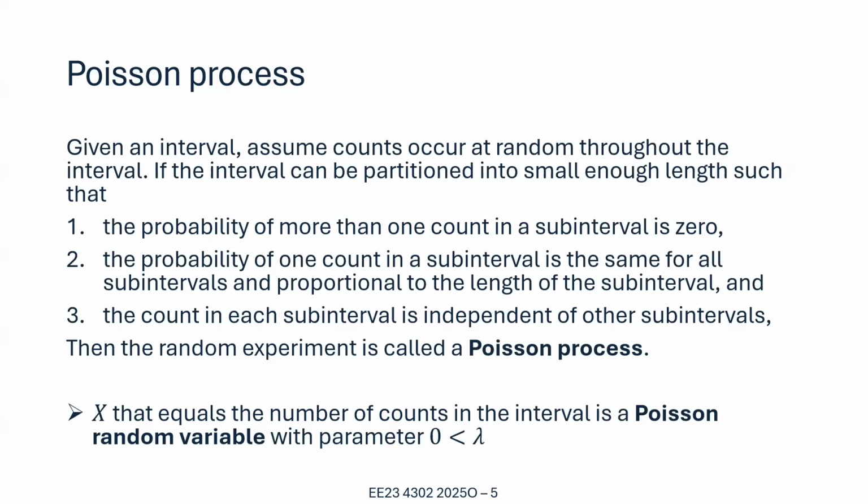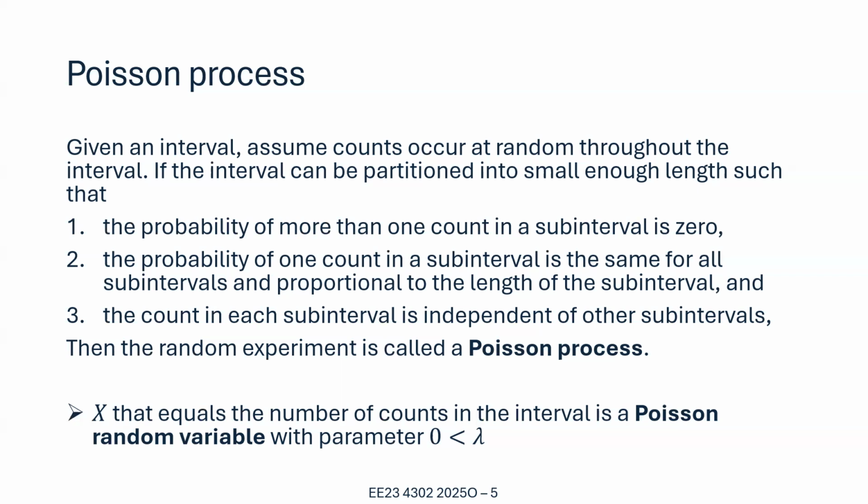If the interval can be partitioned into small enough subintervals such that, one, the probability of more than one count in a subinterval is zero, two, the probability of one count in a subinterval is the same, so this is like an even subinterval, there is no part that has more probability than others, and three, the count in each subinterval is independent of other subintervals, then this random experiment is called a Poisson process.